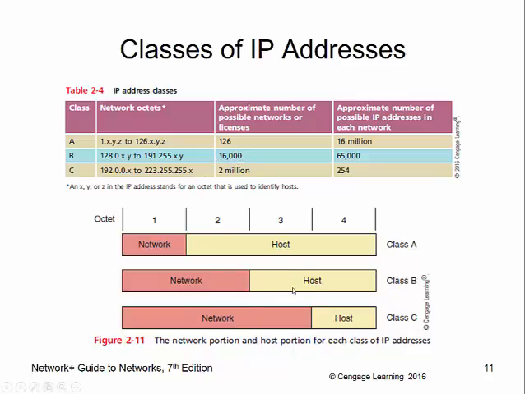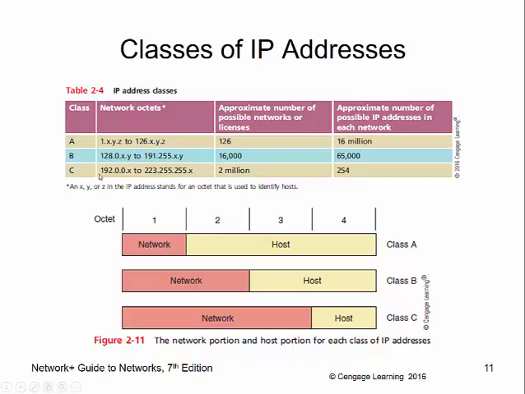But because I'm using 16 bits versus 24 bits of a Class A network to represent the host, now I can only have 65,000 assignable IPs on that network. So I'm trading, right? I'm trading host addresses for network addresses. Hold that thought. Let's go to Class C.